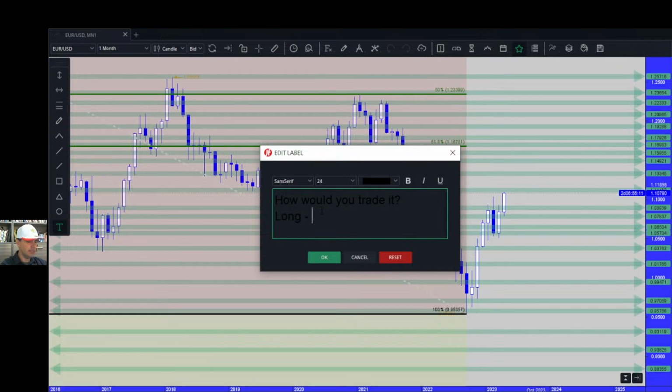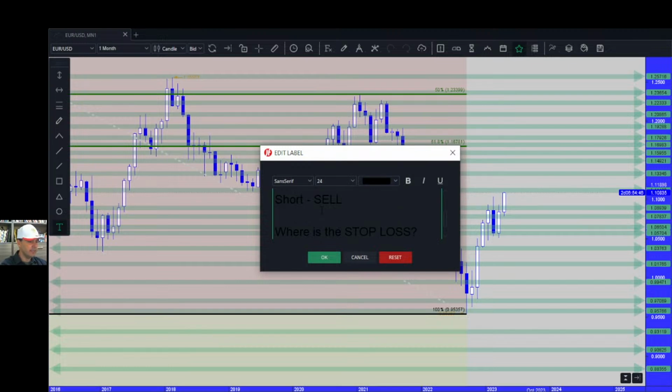Long, meaning buy, or short, meaning sell? Where is the stop loss? Where is the take profit?